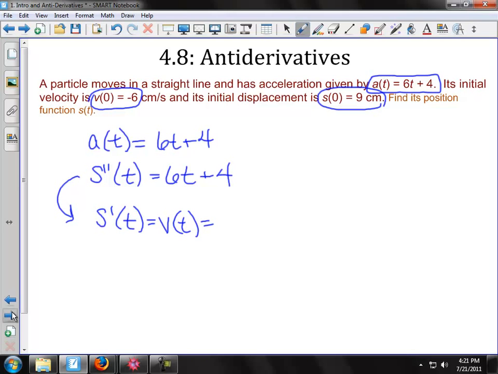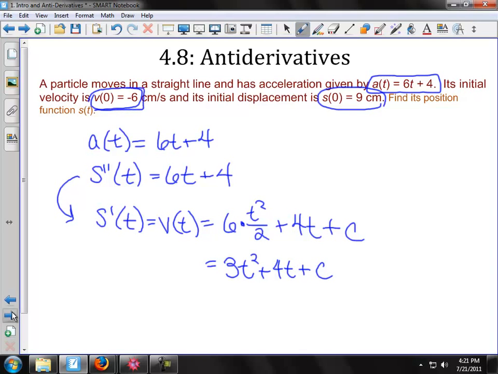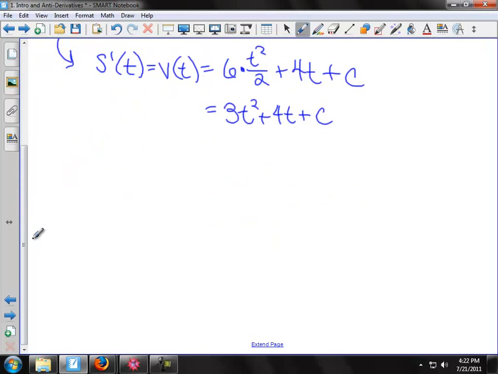And that's going to be 6 times t squared over 2 plus 4 times t plus a constant, which simplifies into 3t squared plus 4t plus a constant. Now we need to use the fact that the velocity at 0 is -6 to figure out what that constant should be.